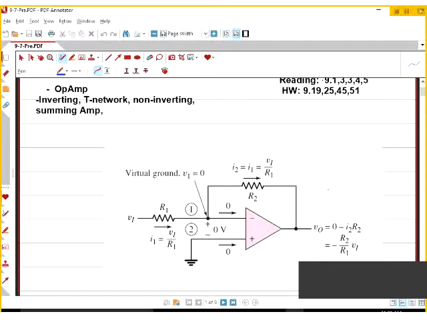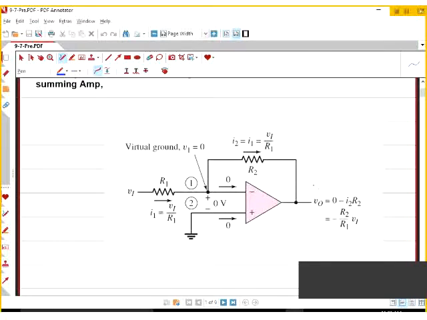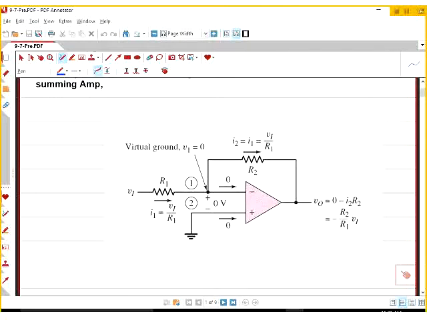Now, to control that gain, we need to add a couple of resistors here. If you add these resistors into the circuit, right now your amplifier is not just that part. Your amplifier is the whole thing. This is the input. That's the output. That's the whole amplifier.